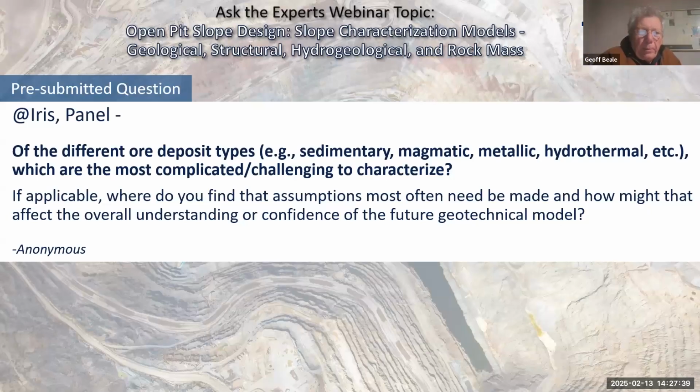I'll just throw in, in terms of the hydrogeological component of the geotechnical model, the sedimentary type ore deposits have, in addition to the structure and alteration, the added dimension of the strata-bound or strata-controlled fractures.